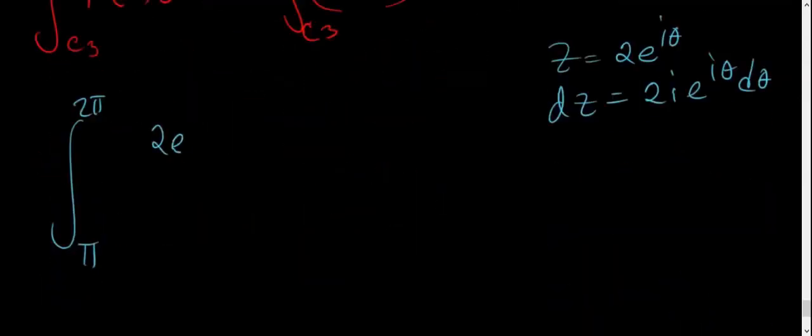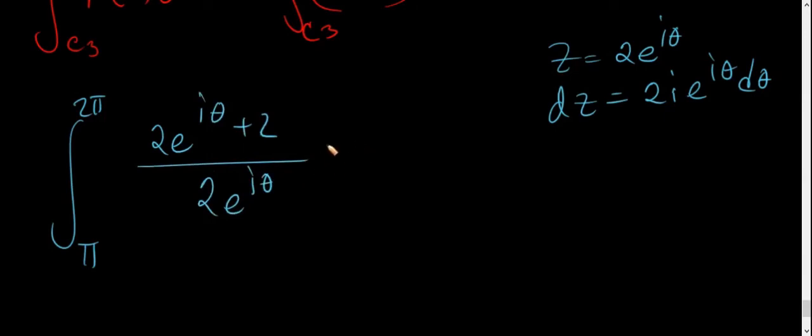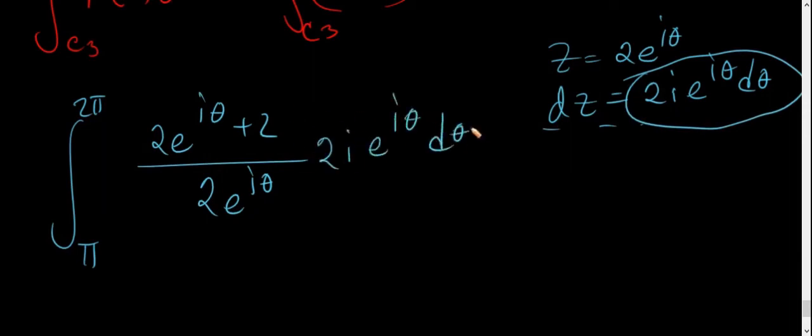You will have 2 e to the power i theta plus 2 divided by 2 e to the power i theta, and then instead of dz you write 2i e to the power i theta d theta, and you can see that these parts cancel each other out. There is a 2 over here, you can factor it out.